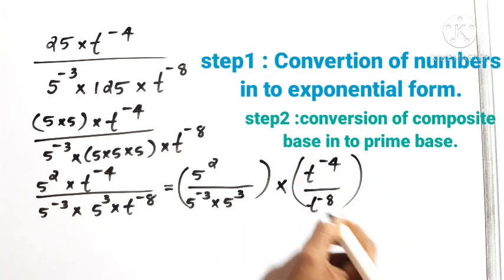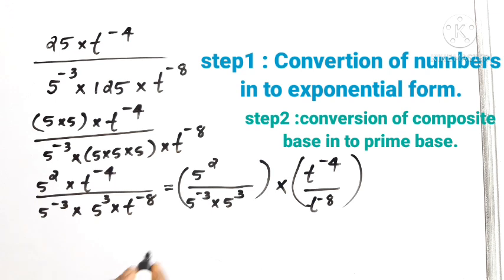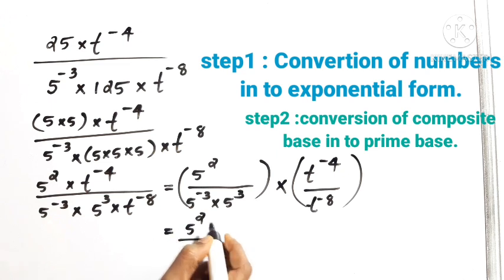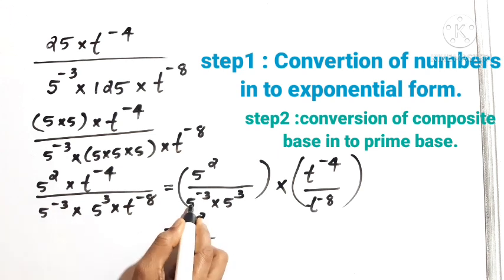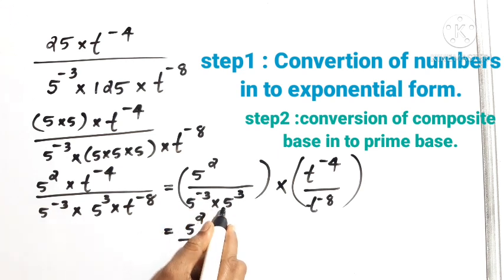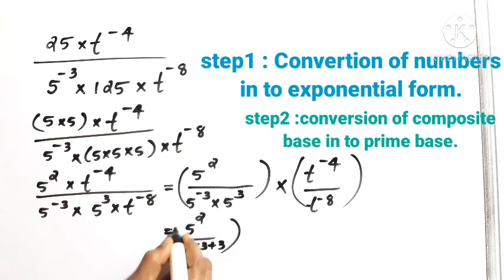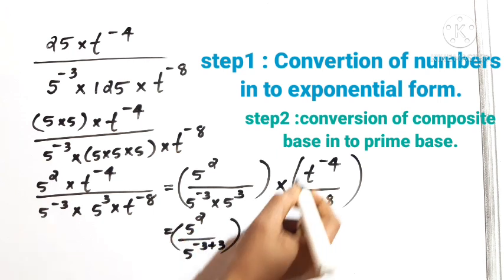Is it clear, children? Now I am going to simplify first bracket. 5^2 divided by 5^(-3) into 5^3. How much, children? A^m into a^n form, no? So 5^(-3+3). Okay? Into, what about here?